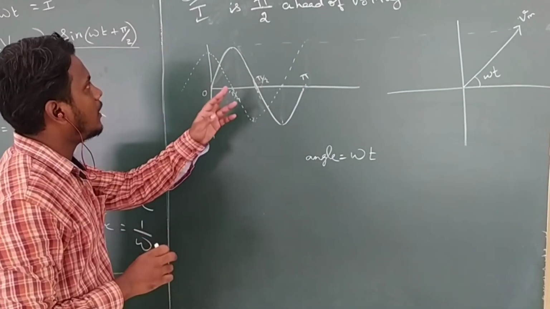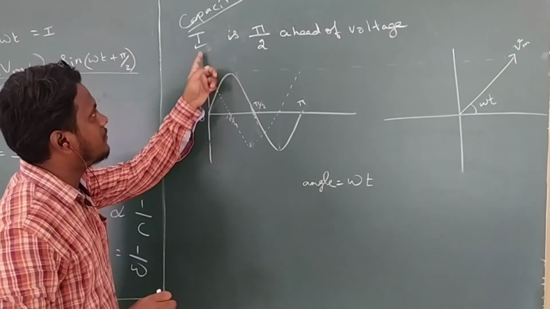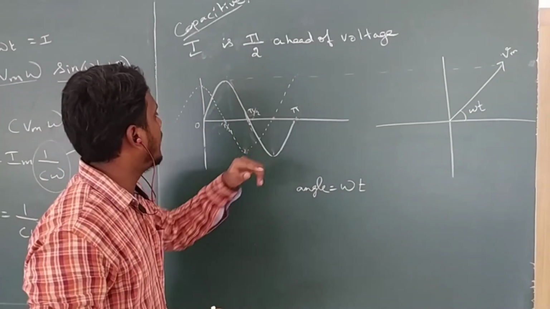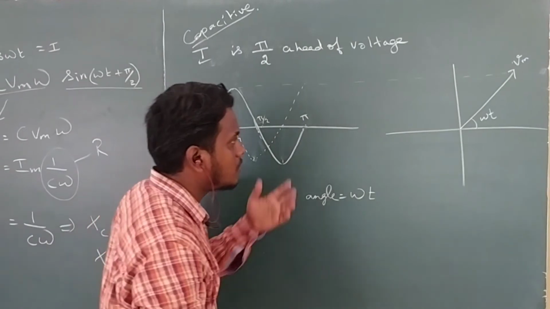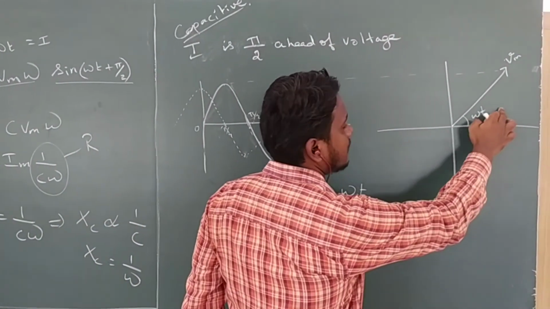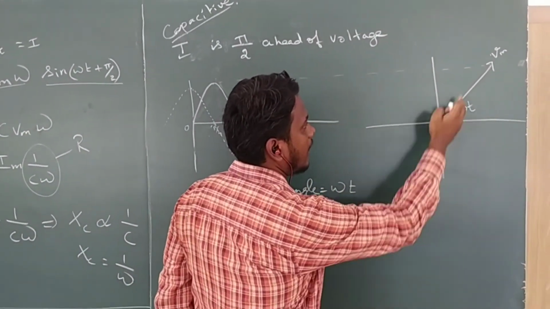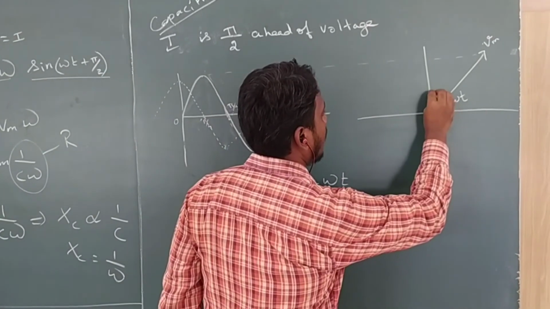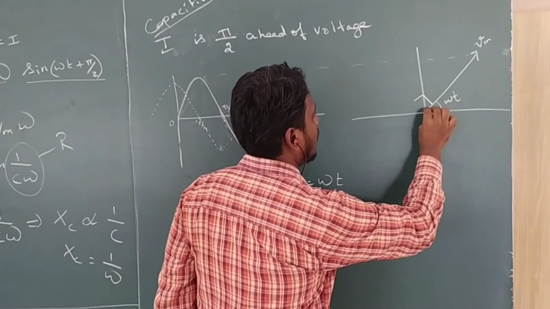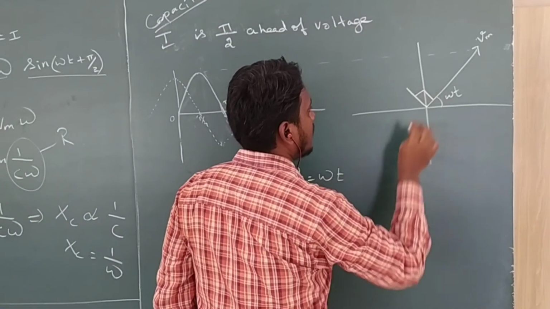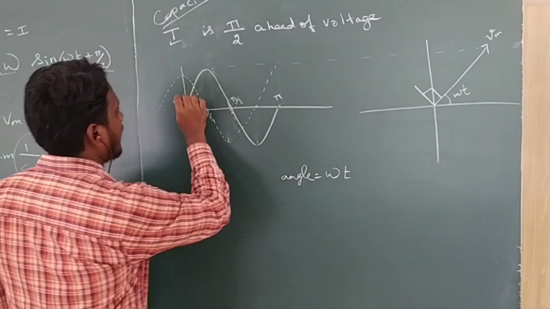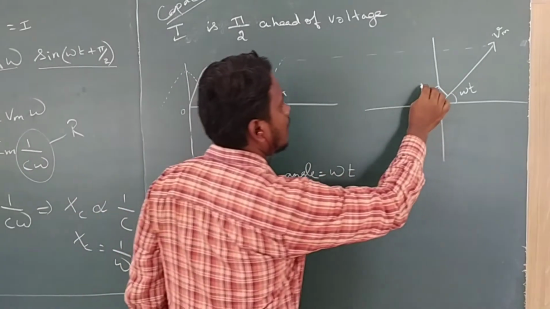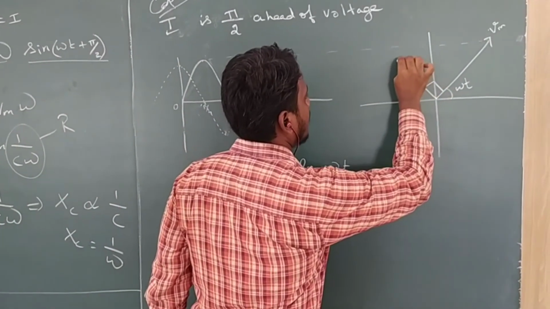Voltage is always 90 degree behind current, or in other words, current is always 90 degree ahead of the voltage. So what is 90 degree ahead? This is the first quadrant, second, third and fourth. So 90 degree ahead is this side, right? So here at a right angle, I am going to draw I. And what is the magnitude of I? Slightly lesser than the value of the voltage. So it will be here.